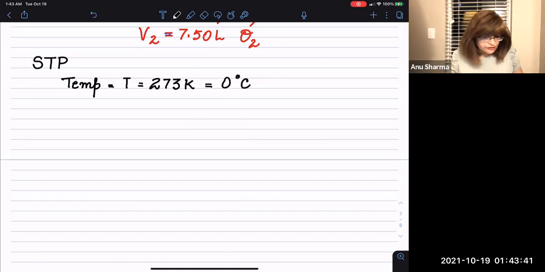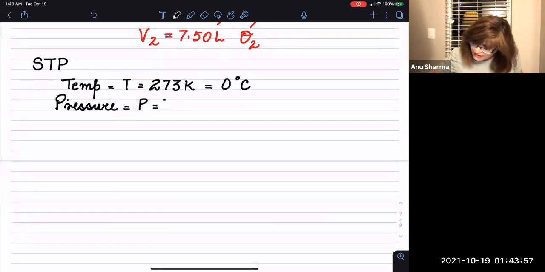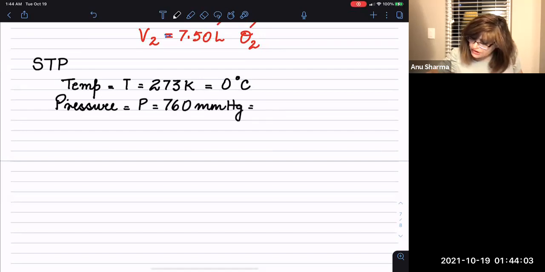That's the temperature at which water freezes. Next is the standard pressure, P, which is equal to 760 millimeters of mercury, and most commonly used is 1 atm.